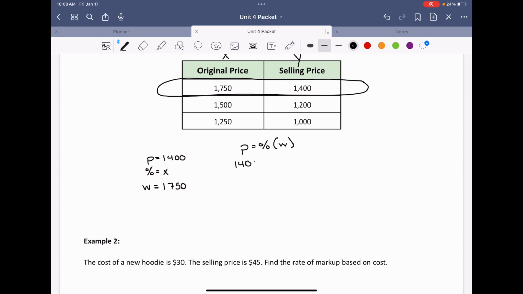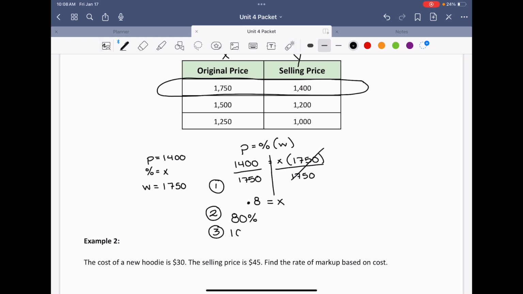So 1,400 equals x times 1,750. Solving for x, we have to isolate the variable, so divide 1,750 on both sides. We're going to get a decimal, 0.8. That's the first step. Second step, change that to a percent, so 80%. And last step, subtract from 100. So our markdown is 20%.